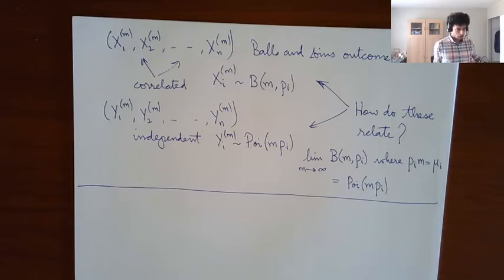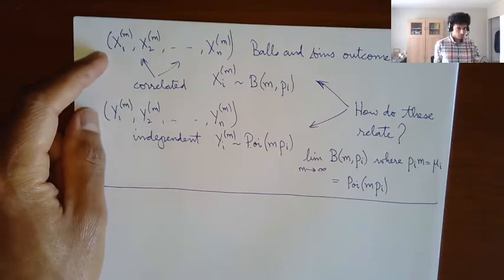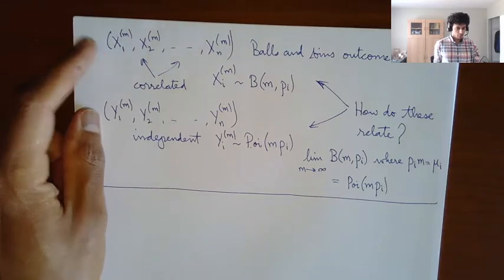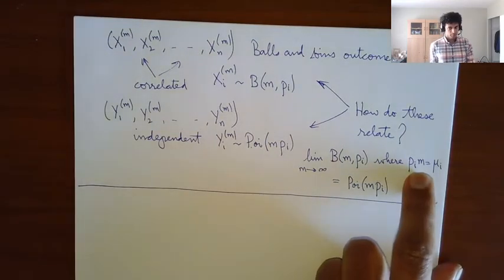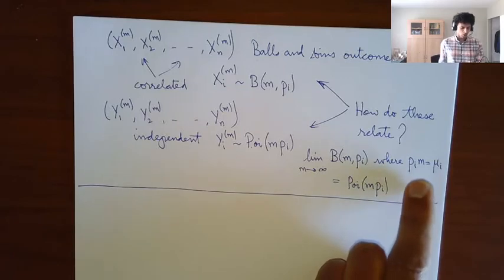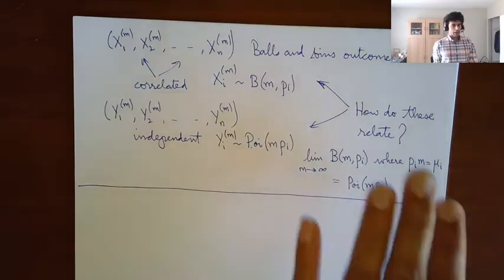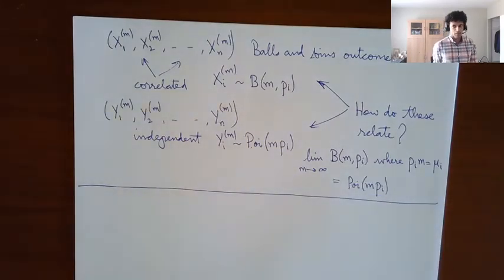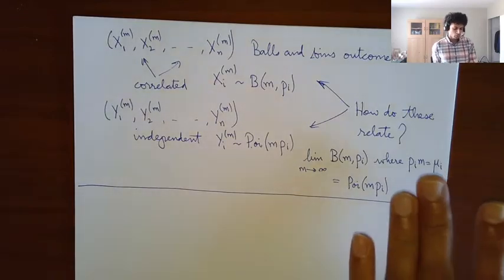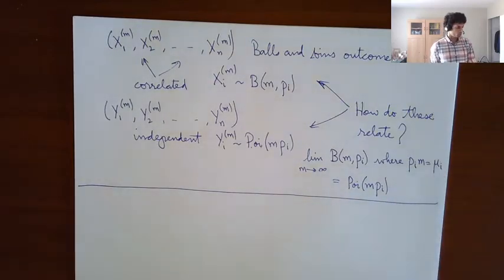Which sequences? The pim. Sure, you can do stronger versions of this where pim is actually converging to some limit, but I don't think any of that math is going to be directly relevant for what we're going to do. But you're right, you have stronger versions of this where pim itself may be converging to a limit, and then you would get the Poisson of that.